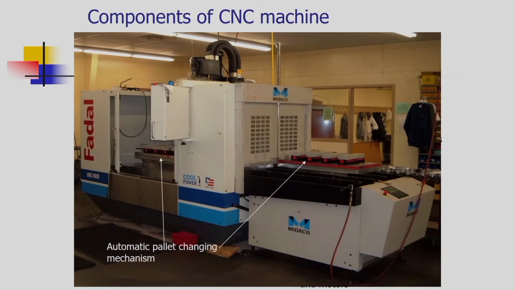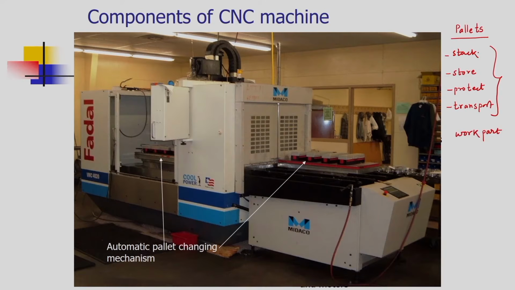Now, the next type of arrangement required in a CNC machine tool is pallets. So, pallets are used to stack, store, protect and transport the work part.